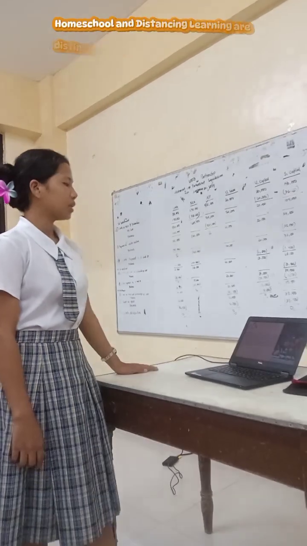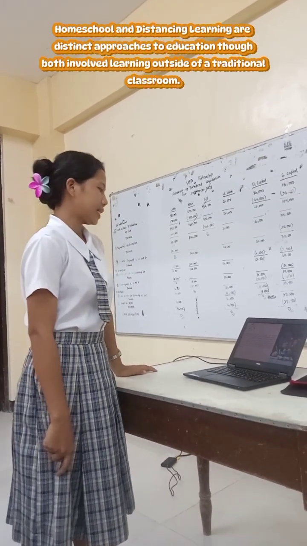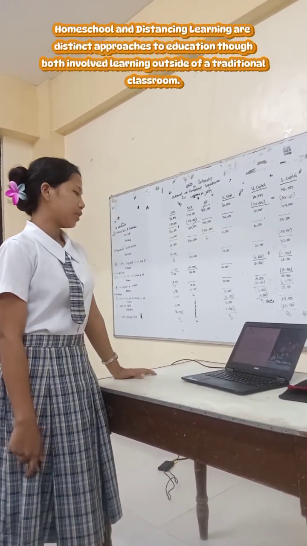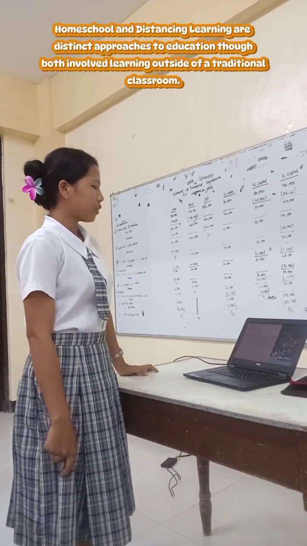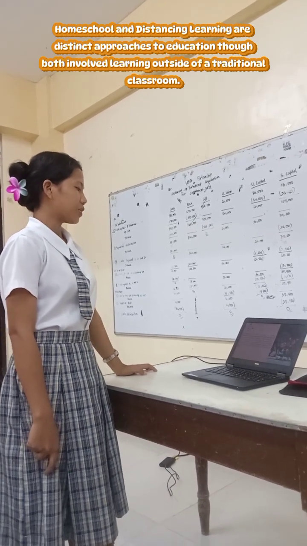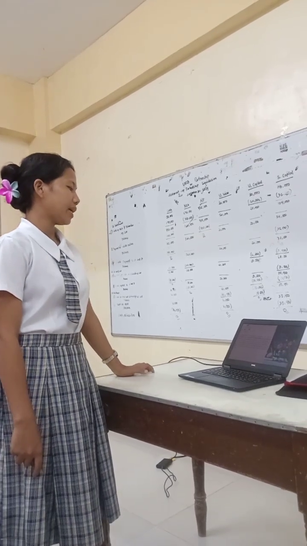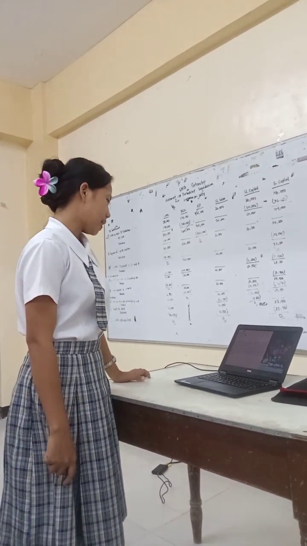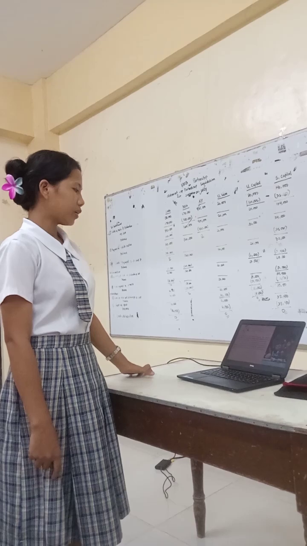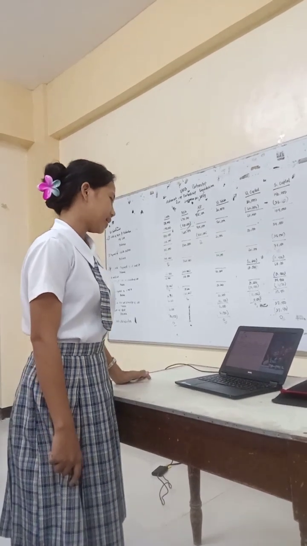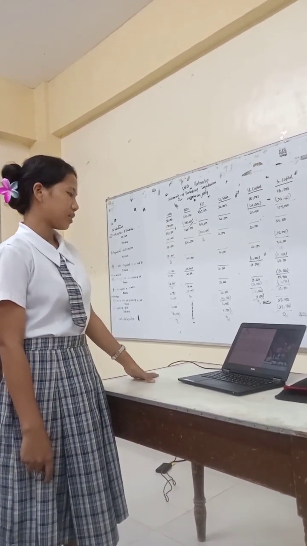So, homeschool and distance learning are distinct approaches to education, though both involve learning outside of a traditional classroom. Homeschooling is typically parent-led, where parents take the primary role in planning, teaching, and assessing their child's education.